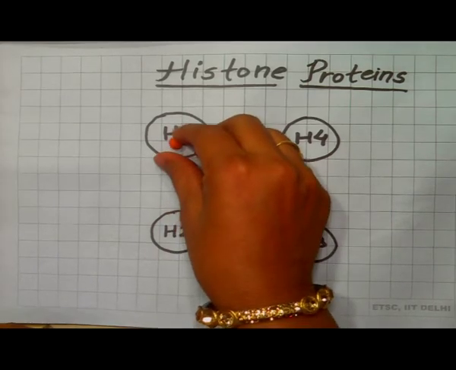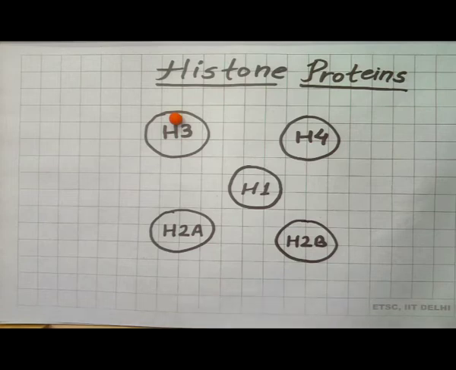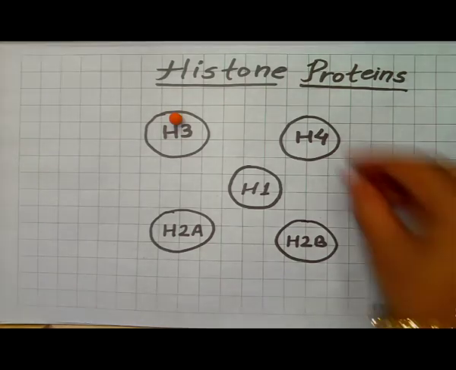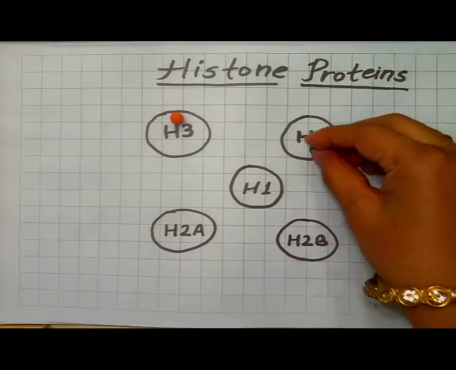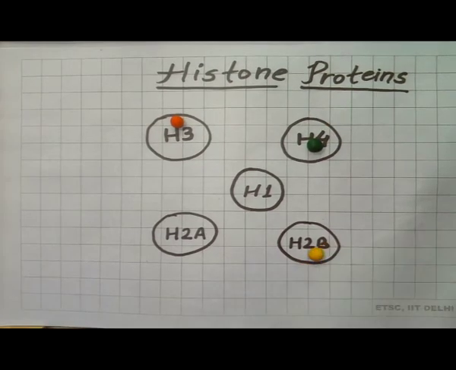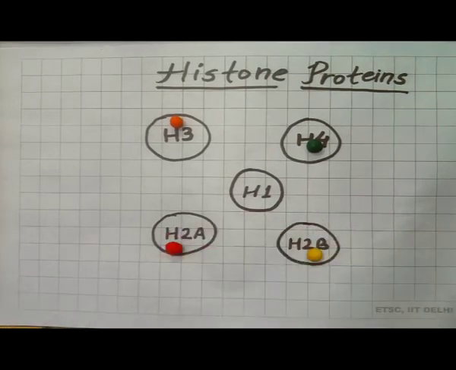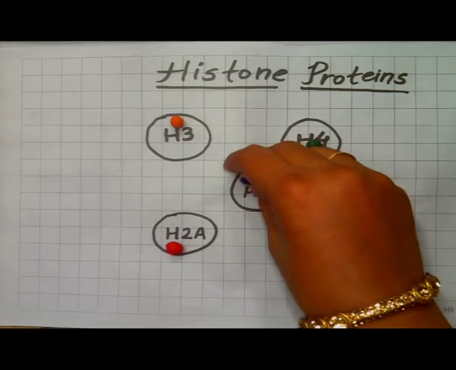Suppose this is the H3 protein, this one is the H4 protein, this one is the H2B protein, this one is the H2A protein and this one is the H1 protein.